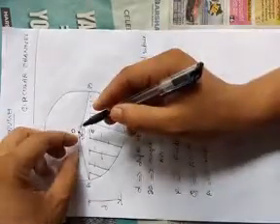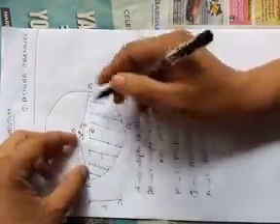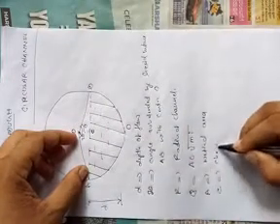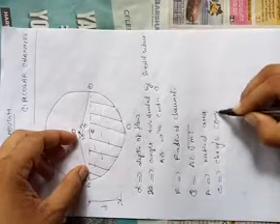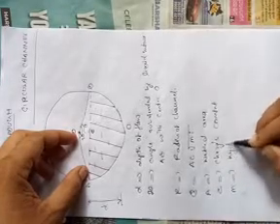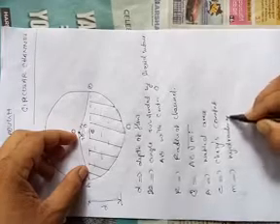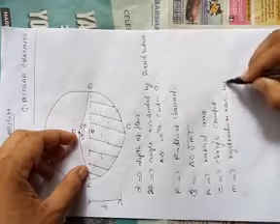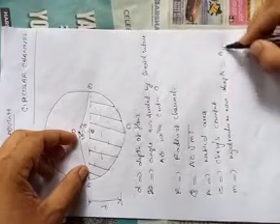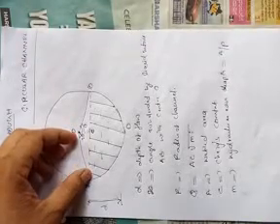So here, how to find out the wetted area? Just go here. C is the Chezy's constant. M is the hydraulic mean depth. Hydraulic mean depth is equal to A by P, wetted area by wetted perimeter.